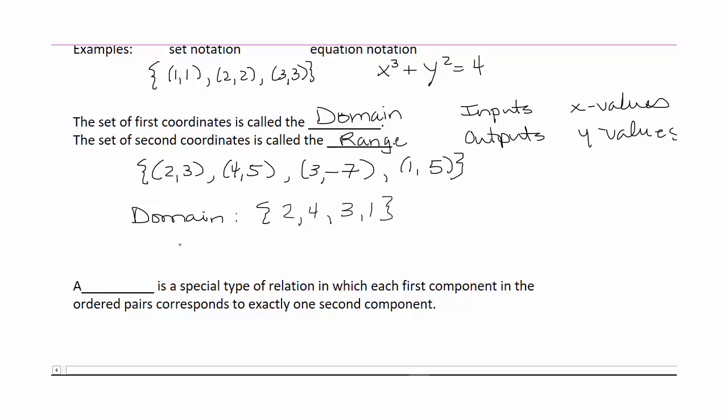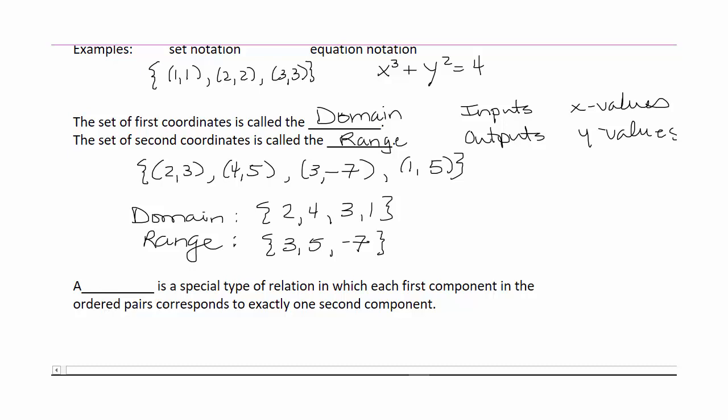The order doesn't matter. And my range would consist of all the y coordinates, which would be 3, 5, -7. I have 5 again here, but I don't need to list any of the elements twice. It's enough to list them once. 5 is in the range. That's all we need to know. Okay? So that's how we find domain and range.